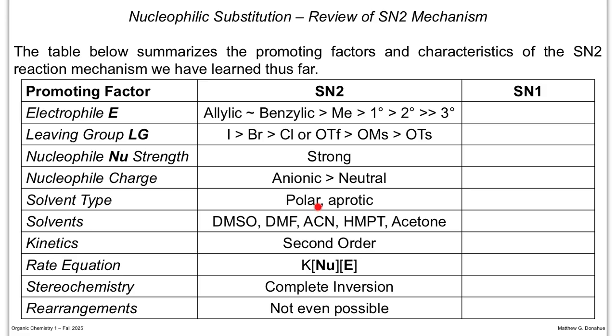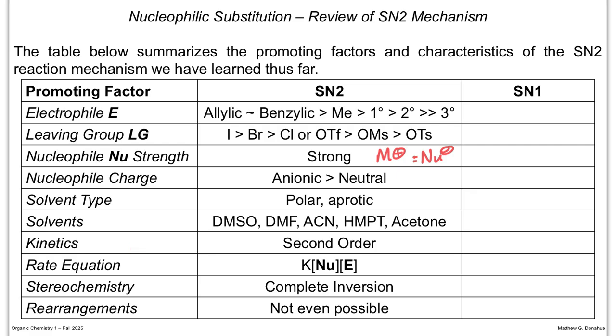The polar part supports the charge development in the transition state because we're going through this wacky looking 5-coordinate carbon atom where we have these delta minus charges. The aprotic part helps sequester the cation, so the M plus of the nucleophile. So the polar aprotic part surrounds that cation. The nucleophile has the lone pair, which is more exposed for bond formation.